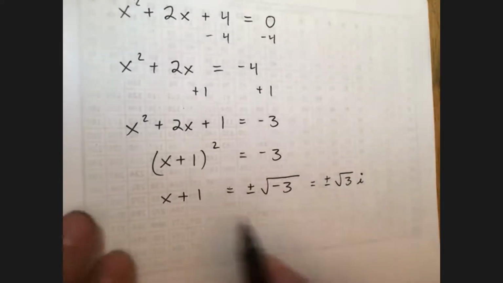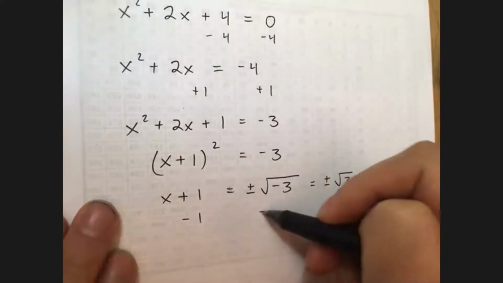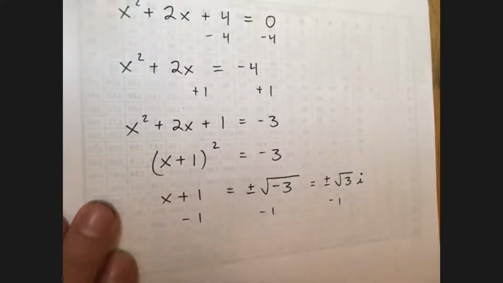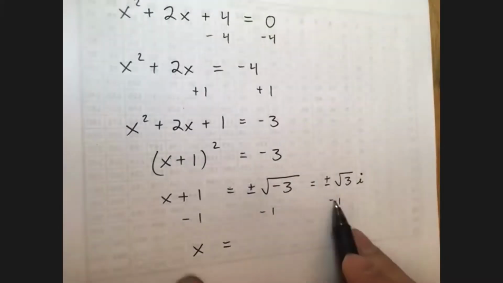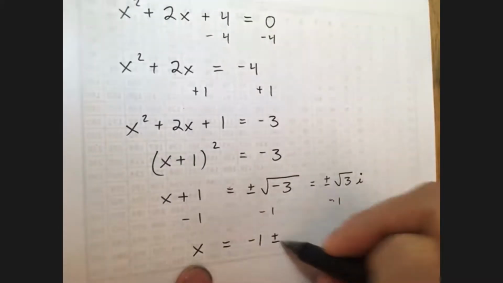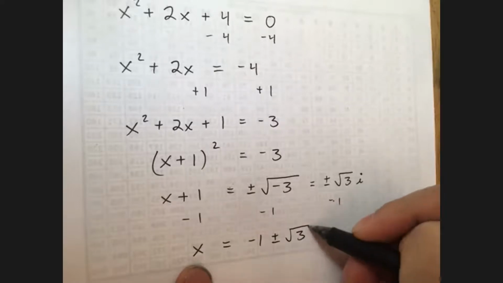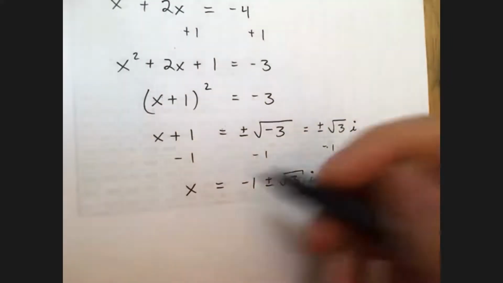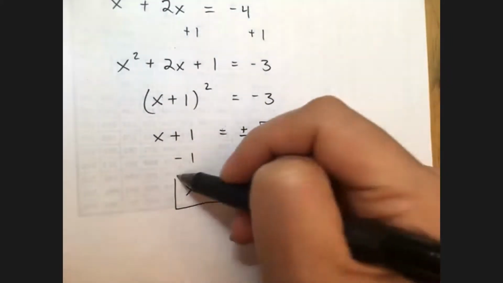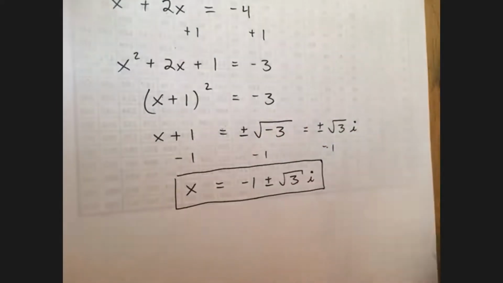So what I'm going to do is I'm going to subtract 1 from both sides. Well, I have 3 things over here, so I subtract 1 from all of them. So x equals negative 1 plus or minus root 3 i. That's what we write our final answer as. There's 2 answers, negative 1 minus root 3i and negative 1 plus root 3i.